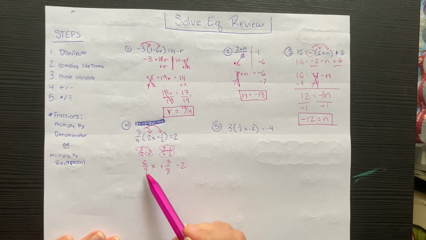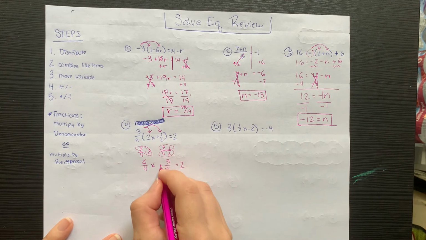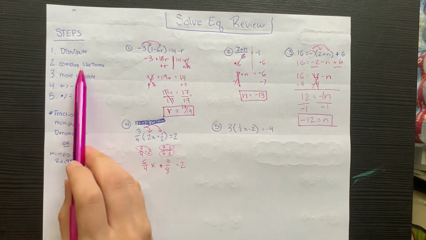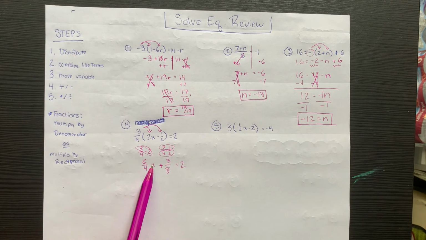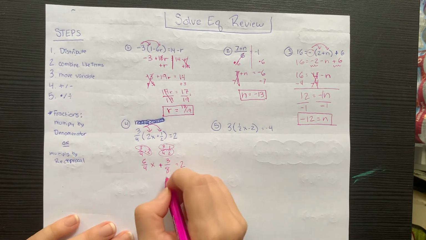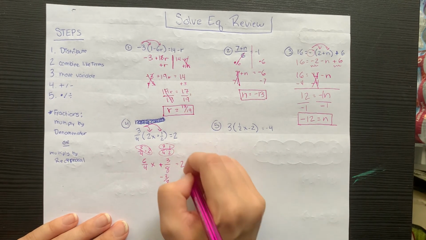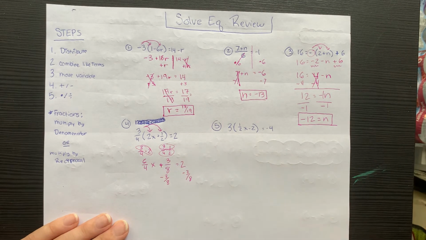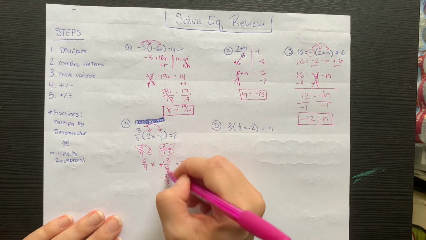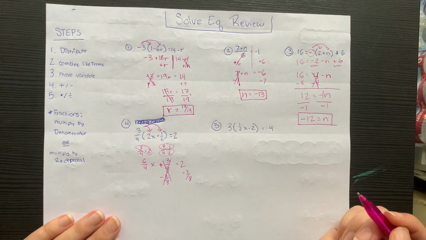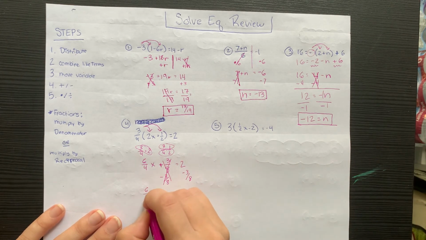For this next part, I don't have like terms. I don't need to move variables because I only have one of them. We're at the subtraction part. We're minusing the 3 over 2. I've got 6 over 4x here.